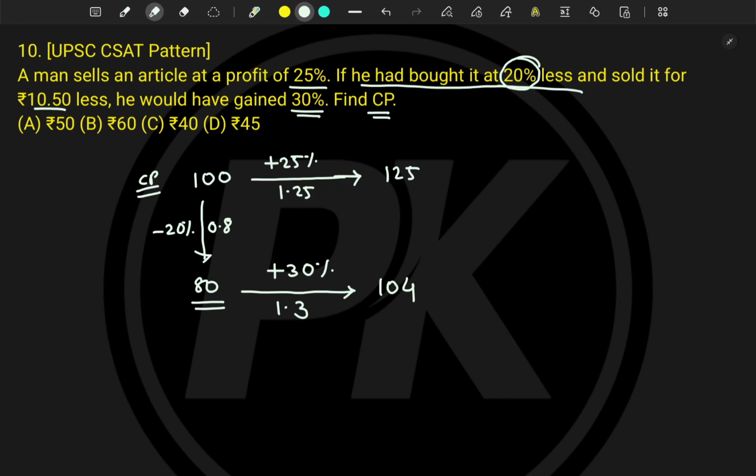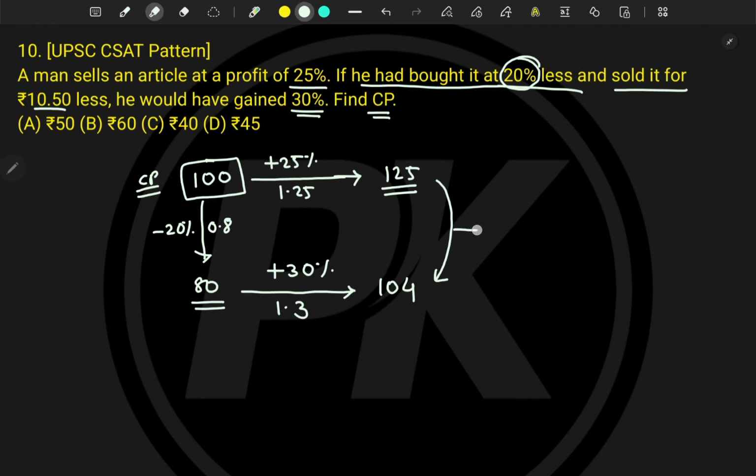Now see, try to correlate here. If he sold it for 10.5 less, now here he is selling at how much less? If we are considering the cost price as 100, he is selling at 125 rupees at 25 percent. But let's say its cost price was 80 rupees itself, and he is selling at 104 rupees, he is gaining 30 percent, right?